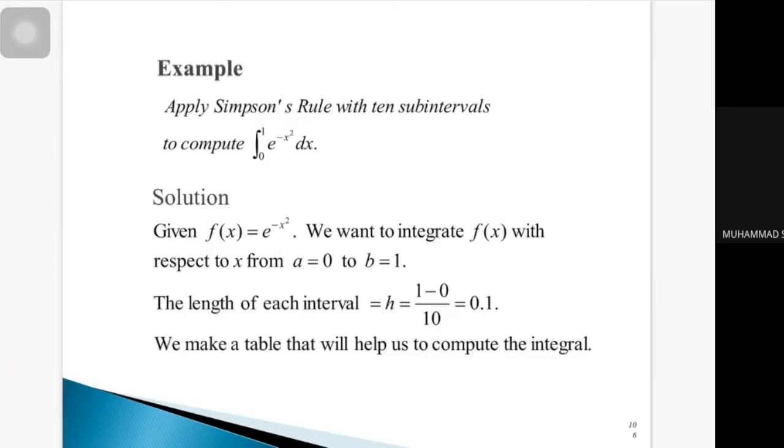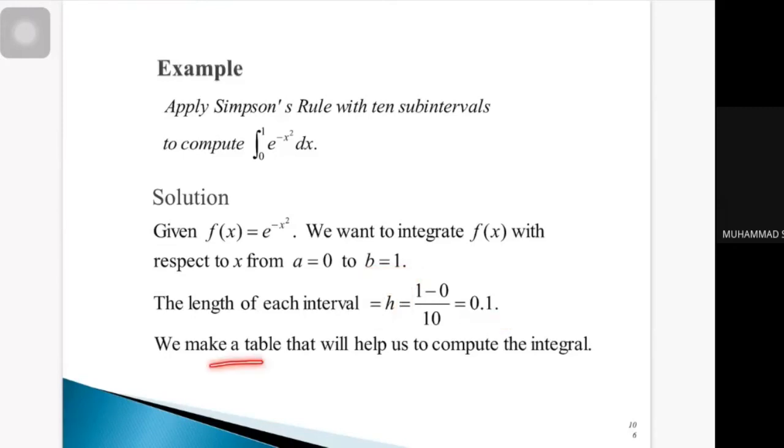We will use the same example, just change the method to Simpson's rule. Apply Simpson's rule with 10 subintervals to compute the integral of e to the negative x squared dx from 0 to 1. This is your A equal to 0, B equal to 1, h is equal to 0.1.